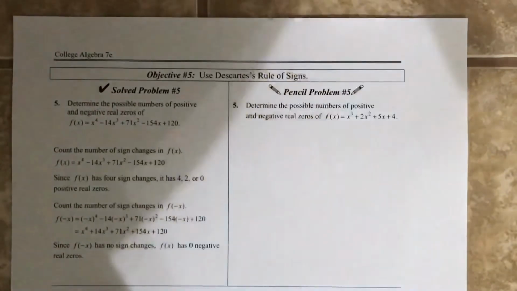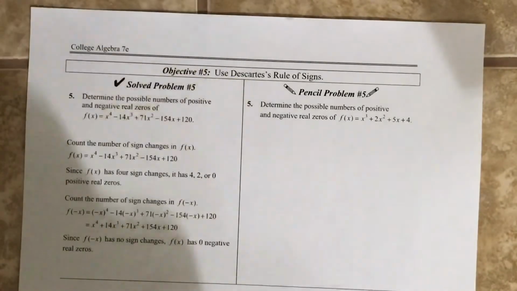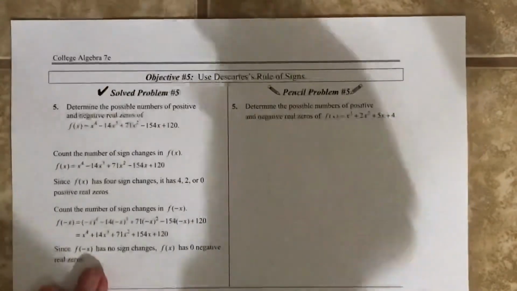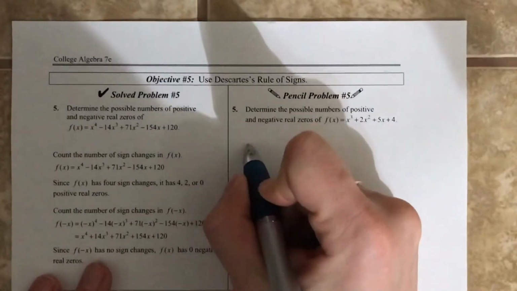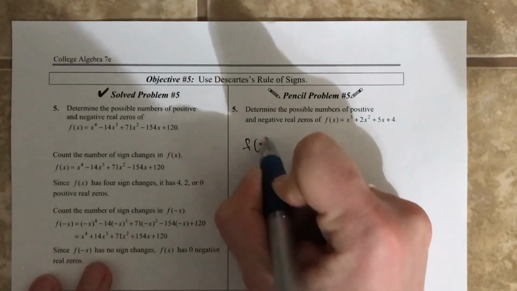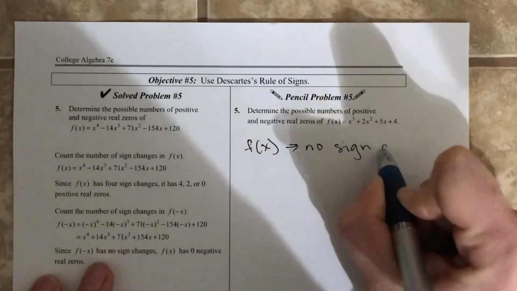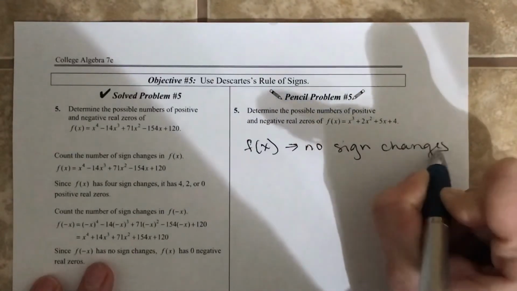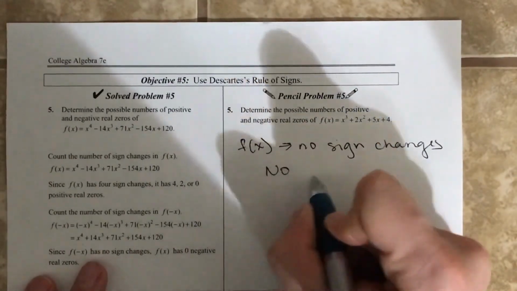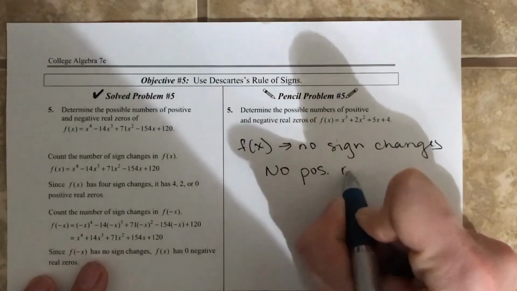So pause and try your pencil problem. So you notice that f of x has no sign changes. So that's no positive real zeros.